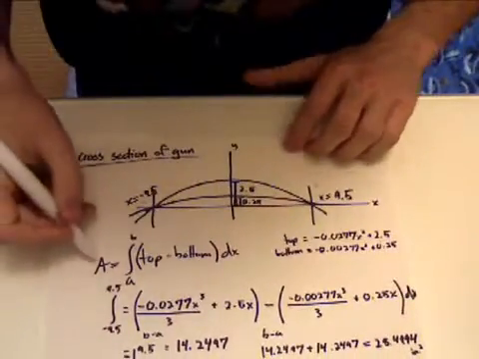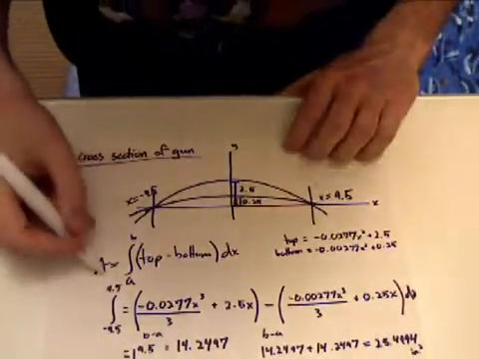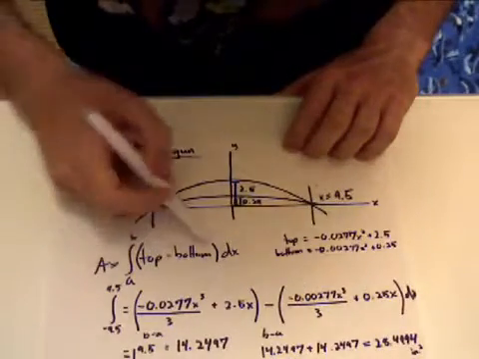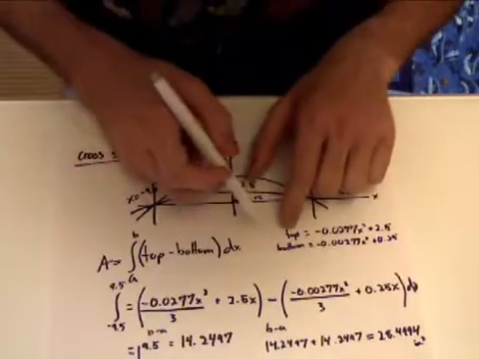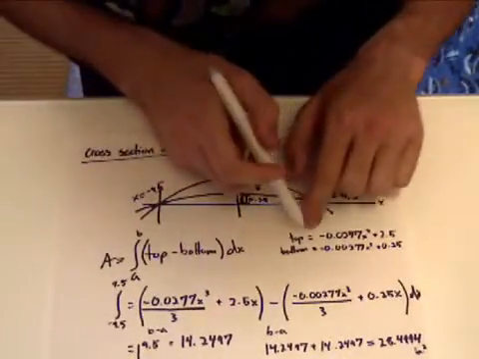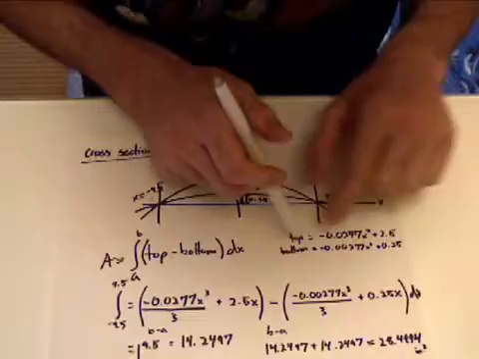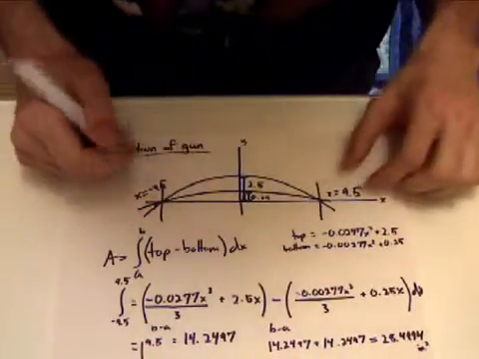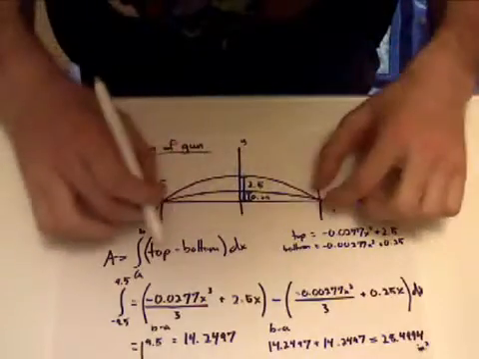So again, we do the area between two curves, use an integral, from a to b, top minus bottom with respect to x. The top equation is this, I cannot read upside down, and the bottom equation is this, and that comes out to be exactly the correct dimensions for the surfboard.